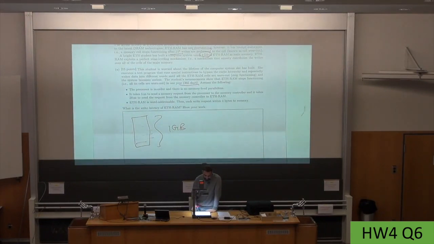And yeah, sorry, the question asks you to find the write latency of that RAM. So you already know that this RAM will wear out after 1 year, and you have all the latencies from the processor to the controller, from the controller to the RAM, and you need to figure out basically the write latency. So how many rows do we have in this RAM?